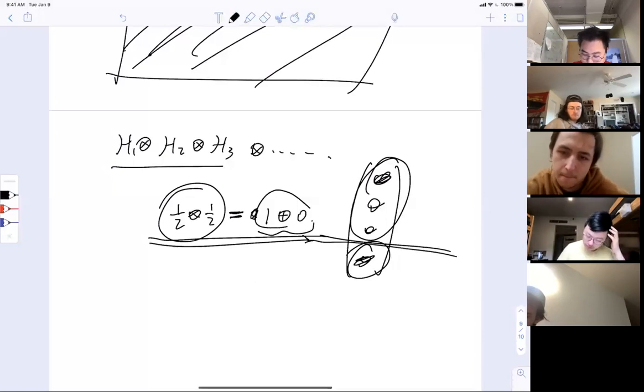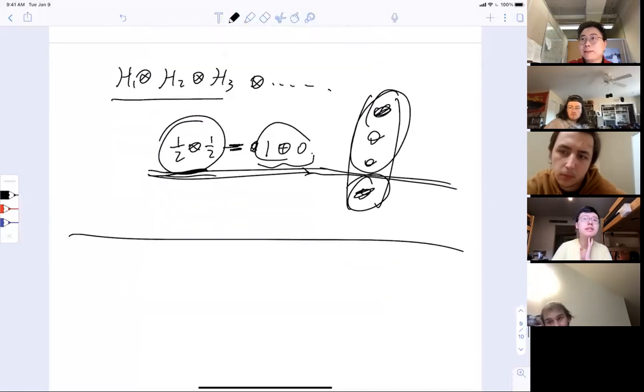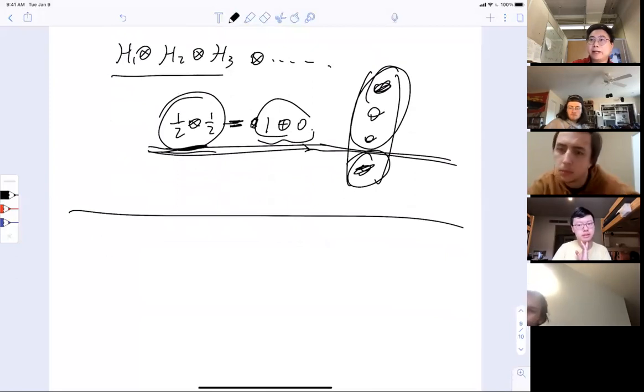Maybe what I'm going to say can answer your question. That's the relation between the degeneracy and the symmetry, the representation of a symmetry group.